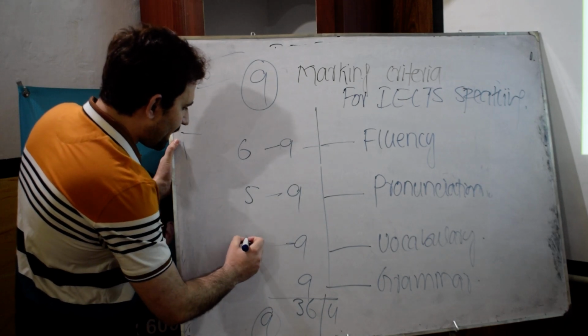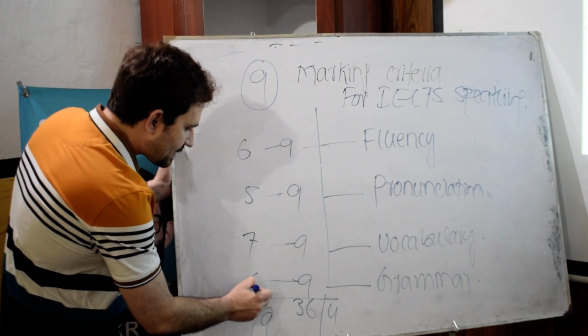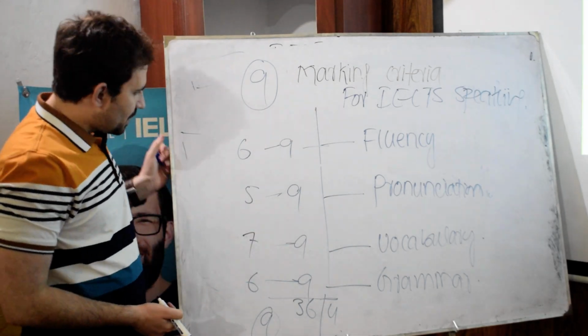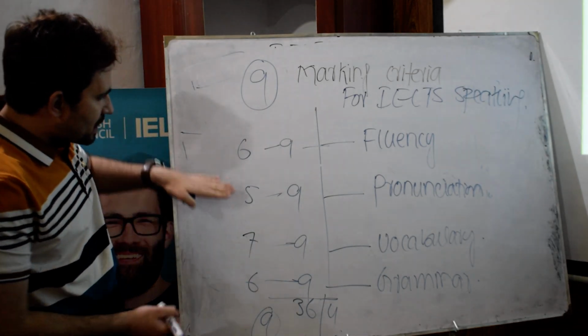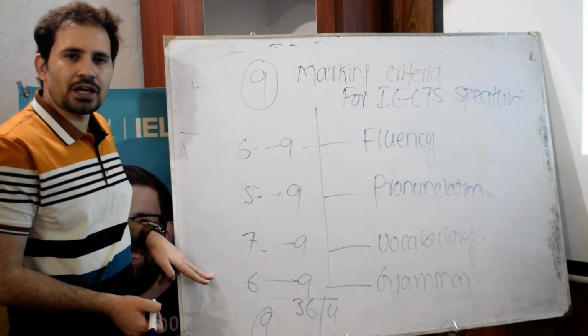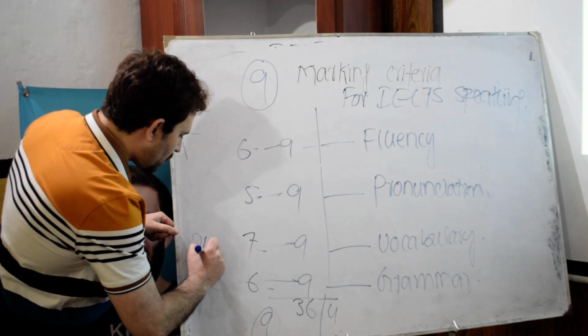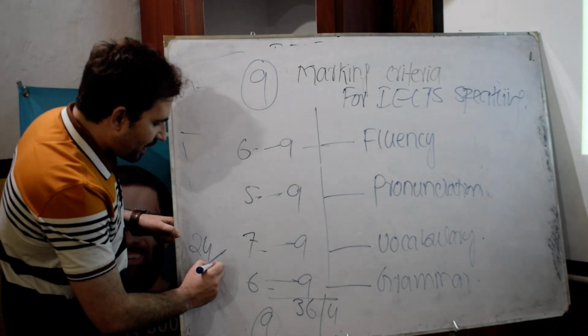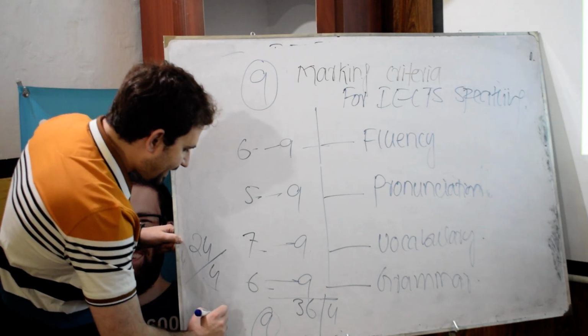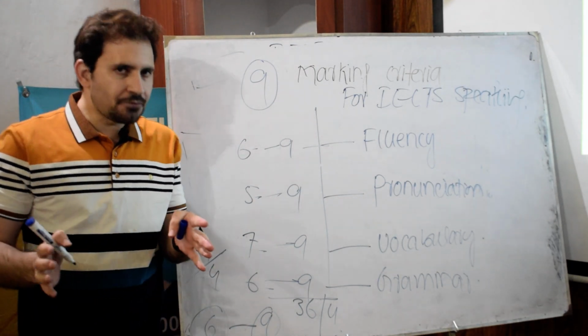If someone gets 7 in vocabulary, and gets 6 band in grammar. Now add up all of these 4: 6, 11, 18, 24. So 24 is the total. If you divide by 4, how much band does he get out of 9? 6 band.